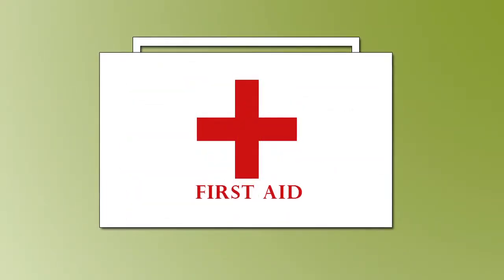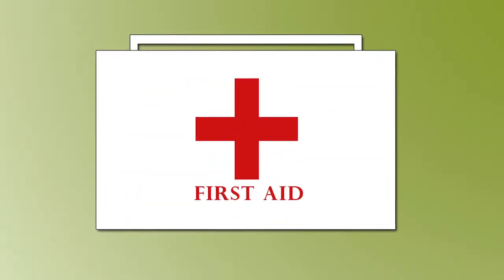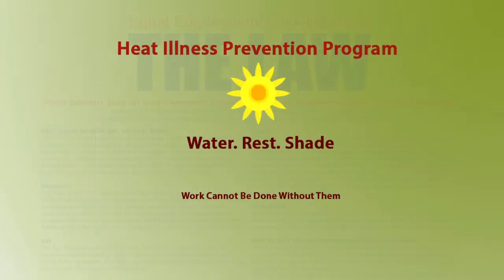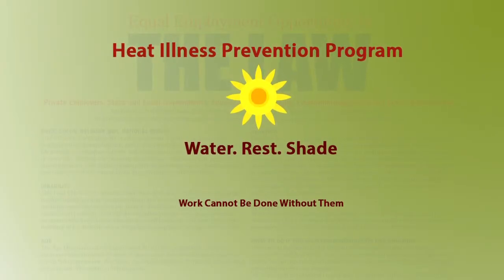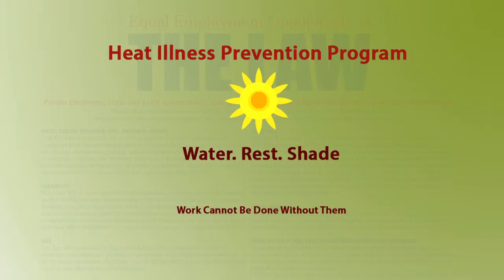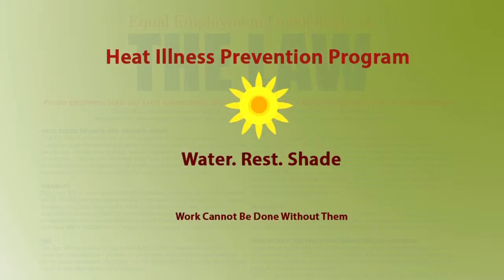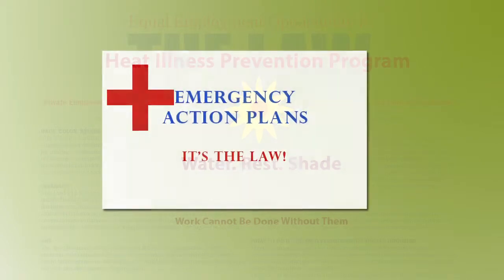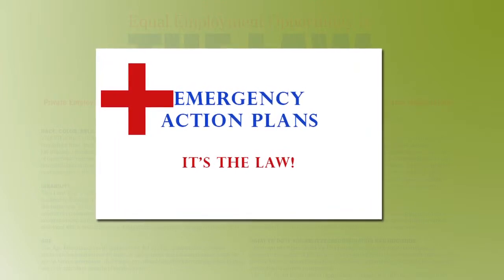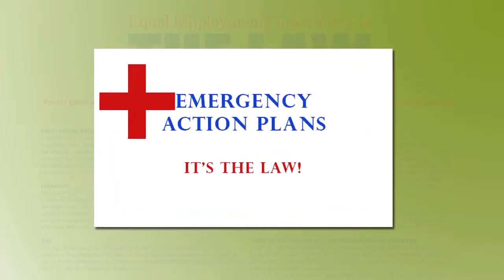Have a first aid kit with supplies available at all times on the farm. Have a heat illness prevention program in place. You must have a training program for your workers teaching about the dangers and prevention of heat illness. Have an emergency action plan, what to do if someone is injured.